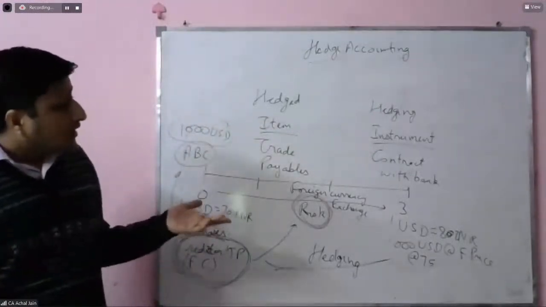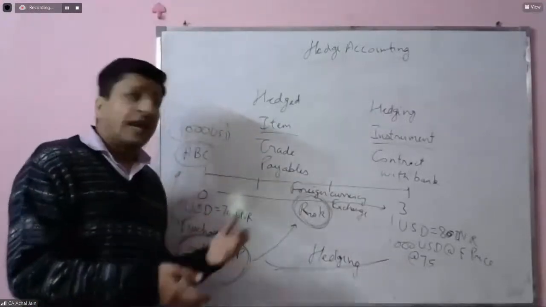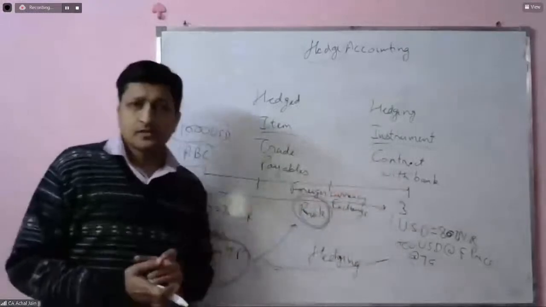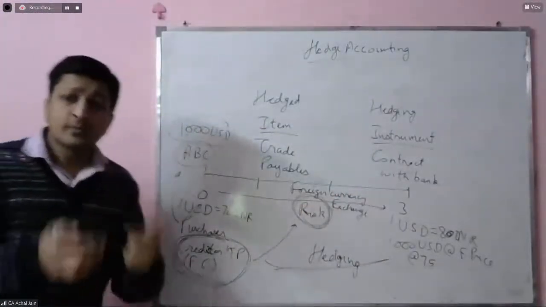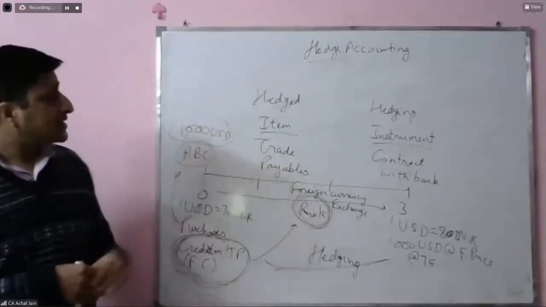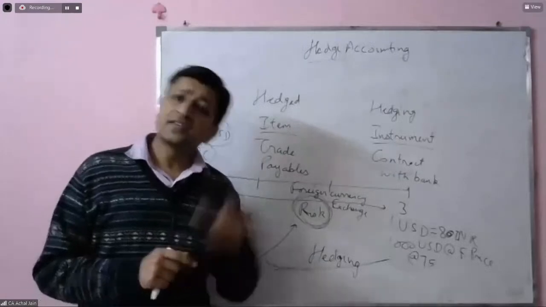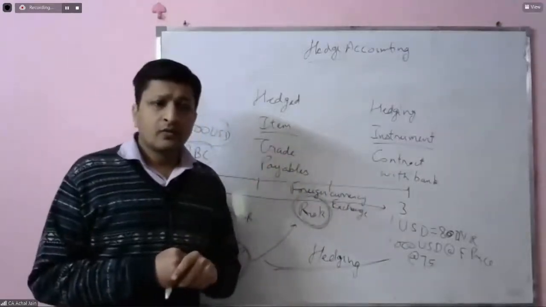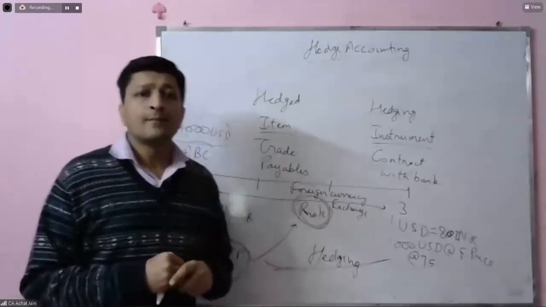Then what's the purpose of using the same example and establishing these terms? There could also be a confusion in your mind that, sir, we used the same examples and the same situation, for which we discussed some accounting.